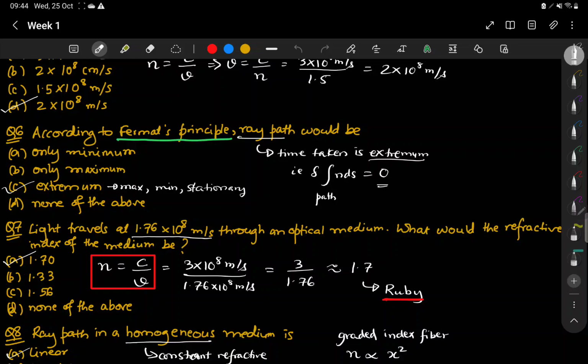Then we also learned about Fermat's principle, which says that a ray path would be one in which the time taken by the ray is extremum. Extremum means it could be maximum, minimum, or stationary. But for physical purposes, we consider minimum.